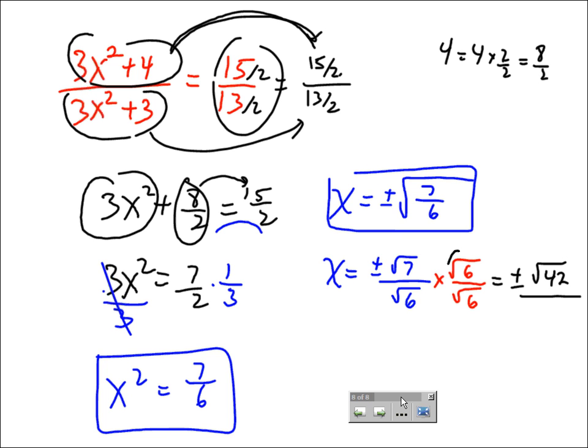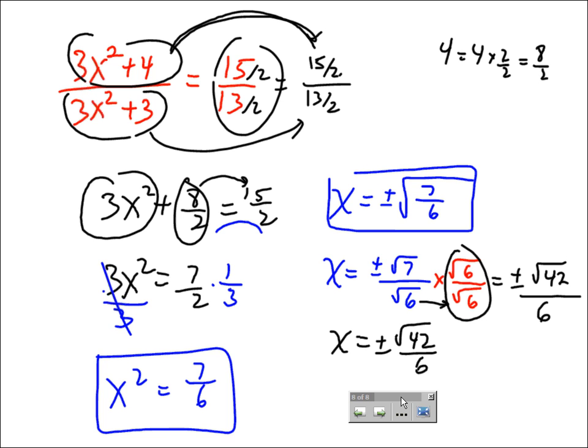And the reason I picked that representative for 1 is because the square root of 6 times the square root of 6 is simply 6. So x is equal to either positive square root of 42 over 6 or negative the square root of 42 over 6.